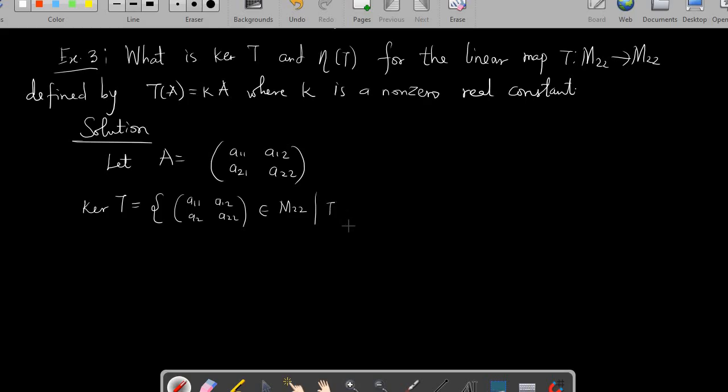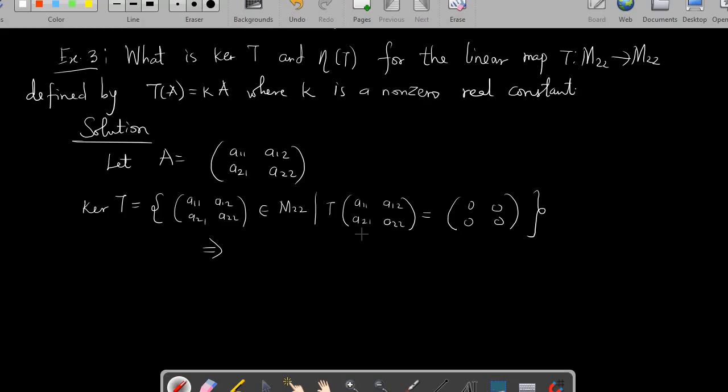T of the matrix A11, A12, A21, A22 equals what? The zero vector, the zero matrix.